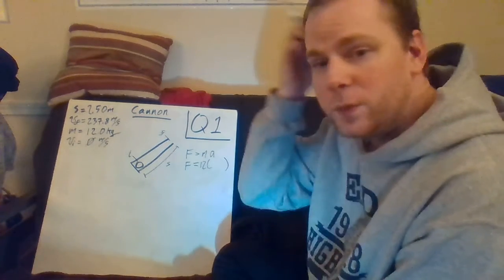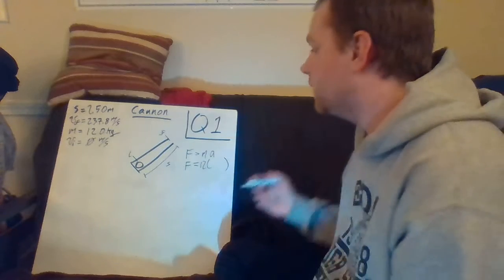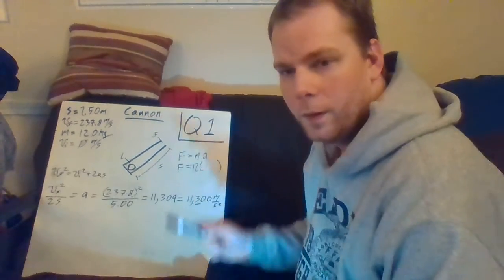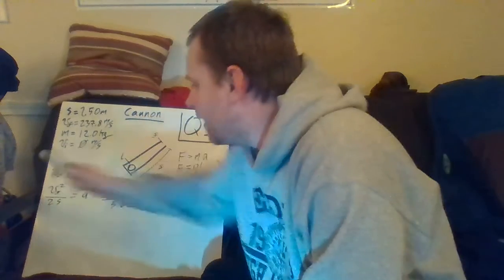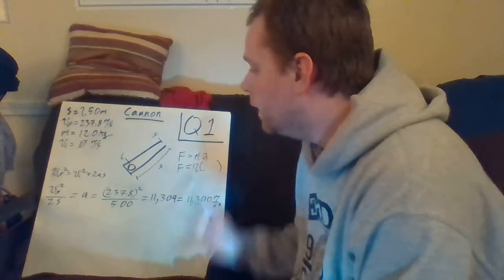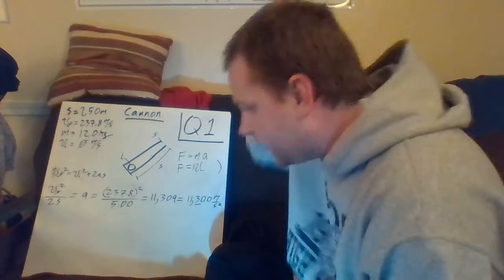In kinematics, we have VF, VI, and S. So kinematics equation 2 is VF squared equals VI squared plus 2AS. Solve that for A. VI is 0, so VI goes away. VF squared over 2S gives us A.